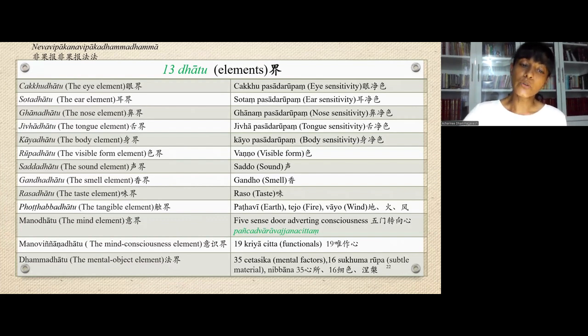And Mano Vijnana Dhātu will be the remaining consciousness: out of the 20, when one goes to Mano Dhātu, the remaining 19 Kriya Chitta are classified under Mano Vijnana Dhātu. The 35 Cetasika, 16 Sukuma Rupa and Nibbana are all classified under Dhamma Dhātu. Thereby we get a total of 13 Dhātu.